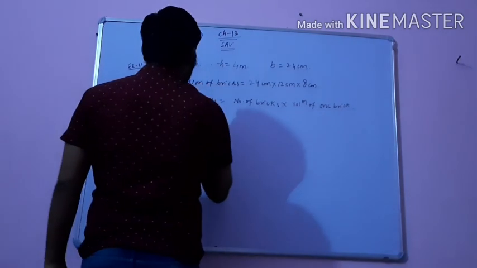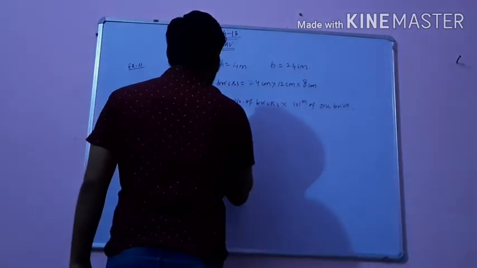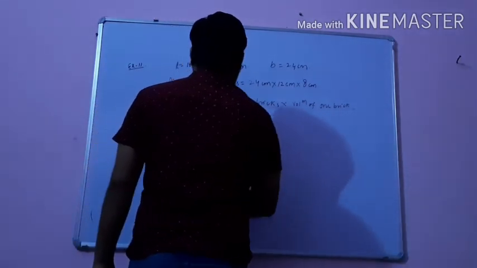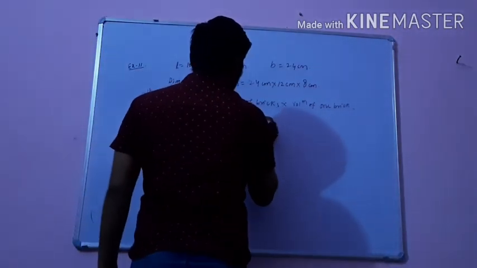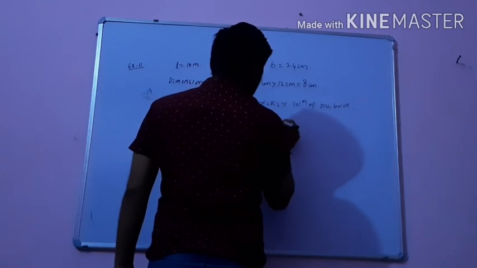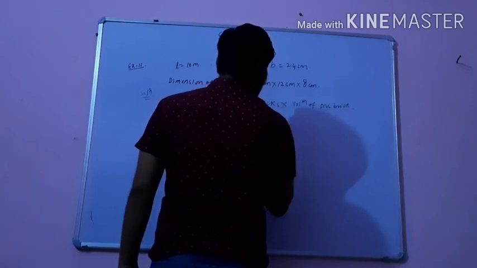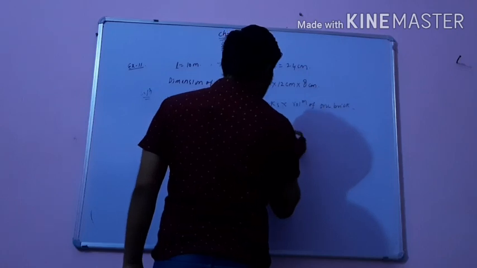So the number of bricks equals the volume of the wall upon the volume of a brick.